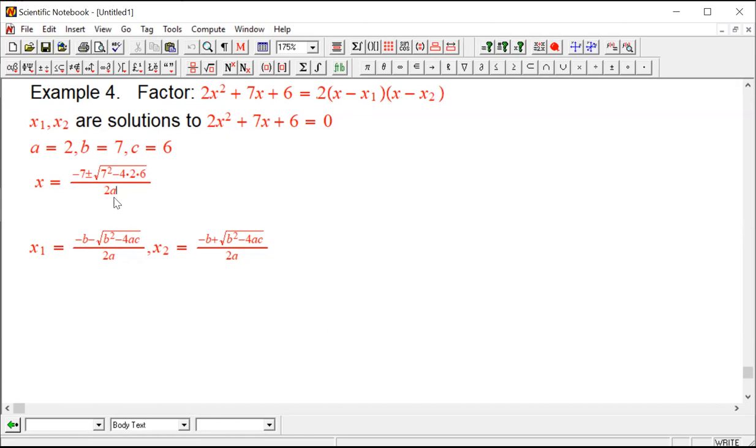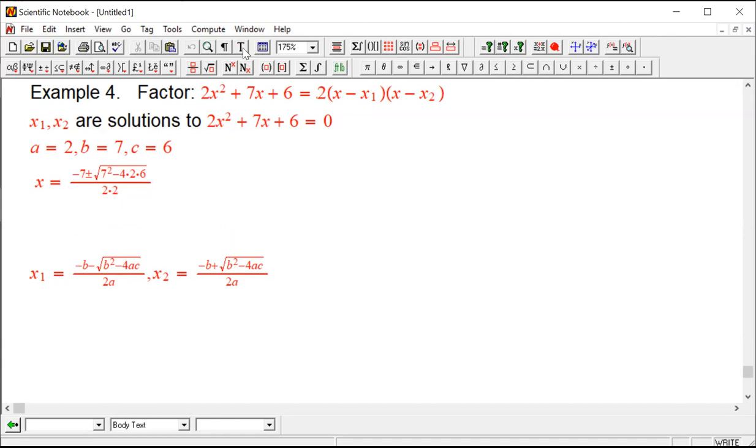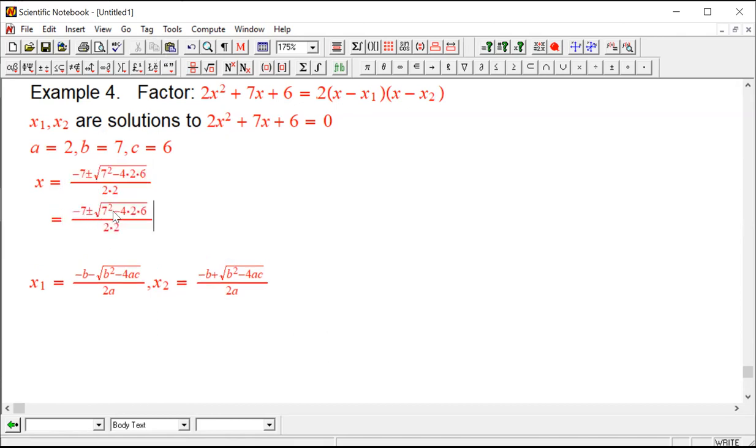A is 2 there, okay? Let's simplify that. We have -7 plus or minus the square root of 49 minus 48, right? 48.